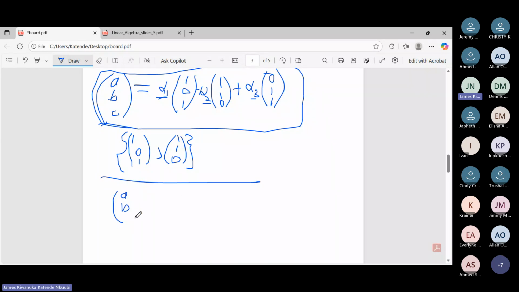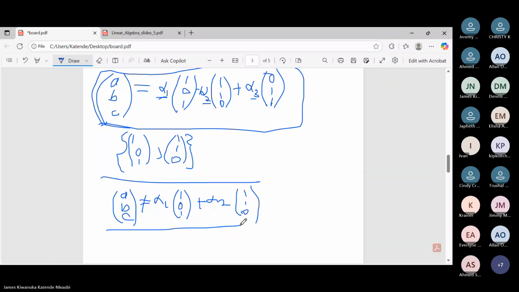Find numbers and replace A, B, and C with numbers, so that it is not possible to write this new vector as a linear combination of alpha 1 times 1, 0, 1 and alpha 2 times 1, 1, 0. So your exercise is to find a vector, with actual numbers for A, B, and C, like I did for the case of R2.